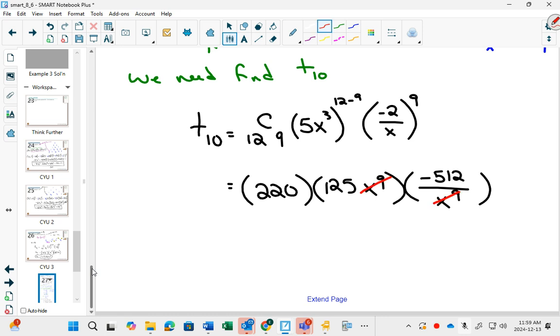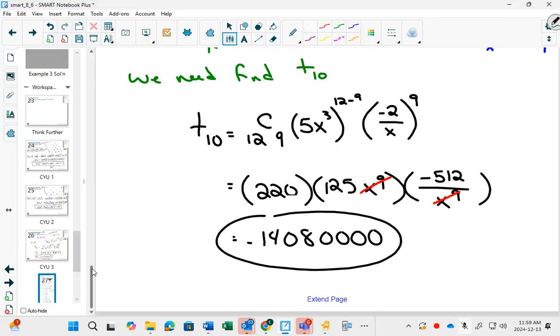Perfectly, can you see that your x to the 9s are going to simplify? That's what we wanted. We wanted a constant term, which means there's no x's. If I take 220, multiply by 125, and then multiply by negative 512, I get negative 14,080,000. Big number. Wow. But it has no x's. This is our constant term.